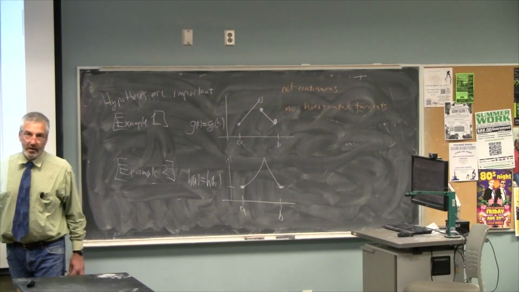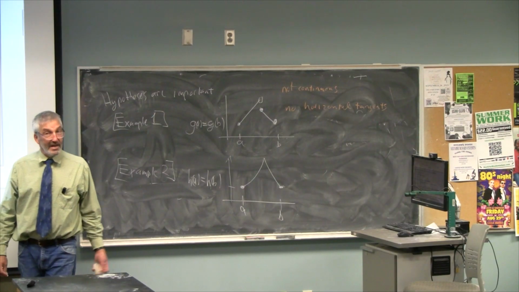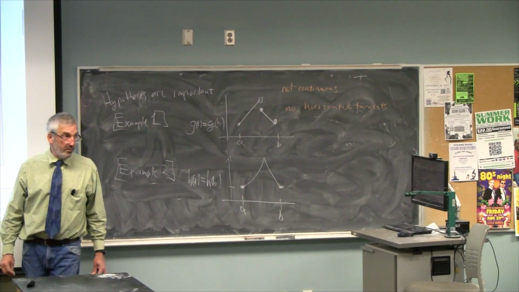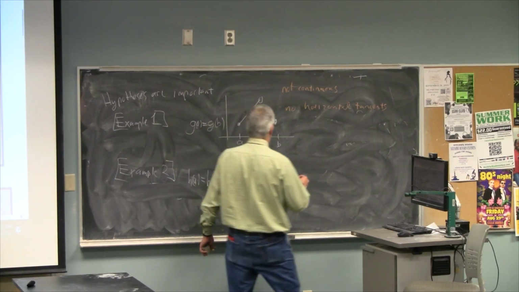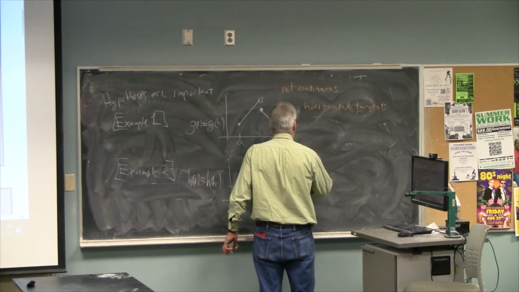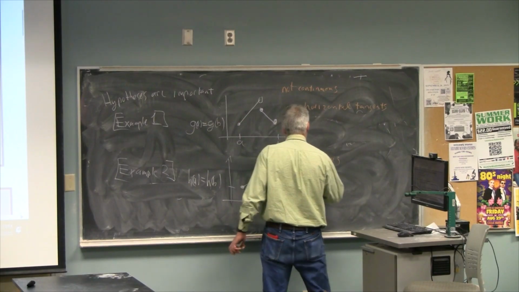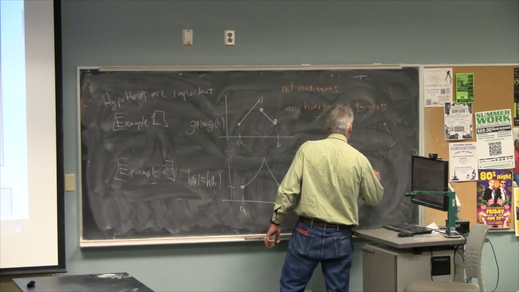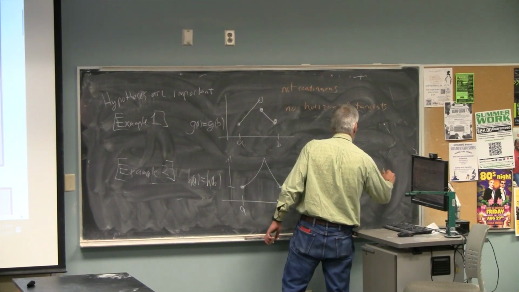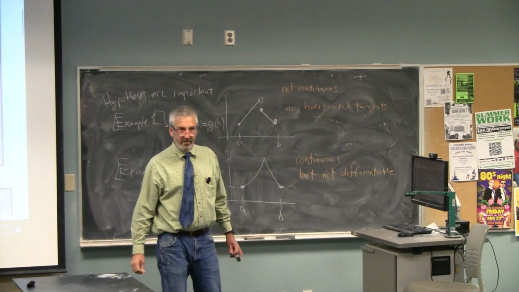Has a cusp point. So it goes up, has a sharp cusp point, turns around, and comes back down. It is continuous, but it's not differentiable. And notice that there are no horizontal tangents.